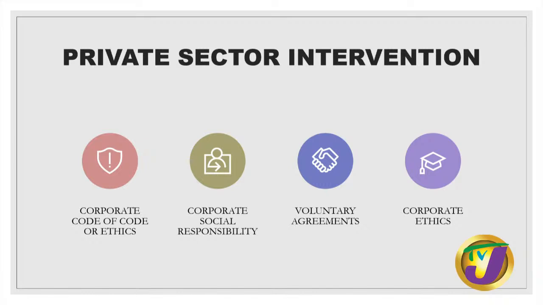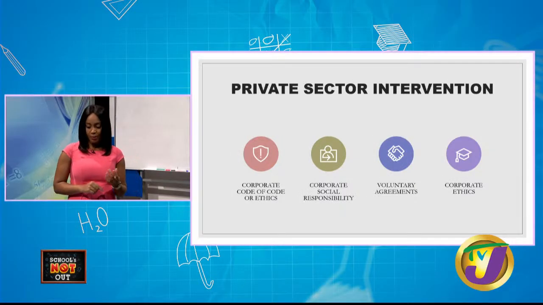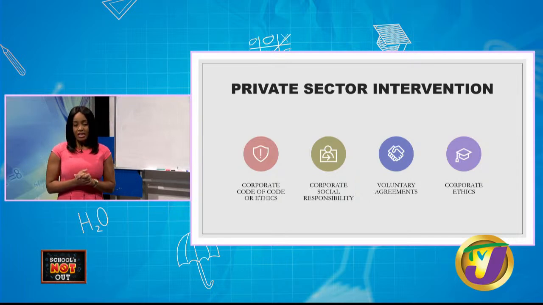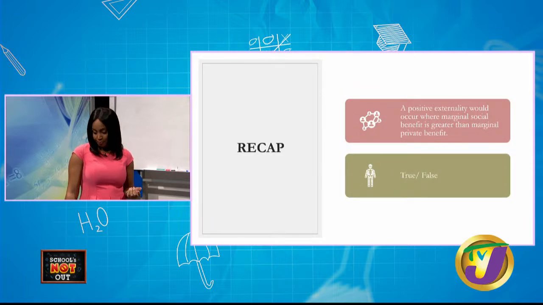For instance, they can agree to voluntary agreements about how they treat the environment and how they discard their waste, and those agreements would see either the business cutting back on production to reduce the effects of negative externalities, or they might include something in their code of ethics or operations about how they produce goods or services in the community or environment.